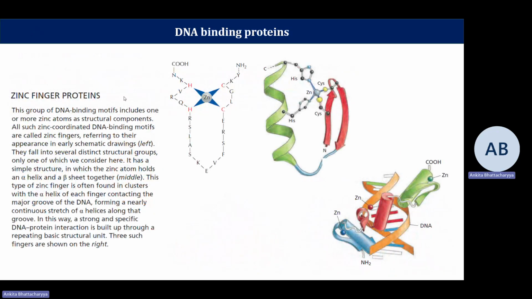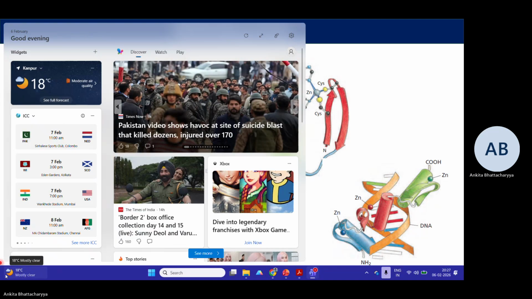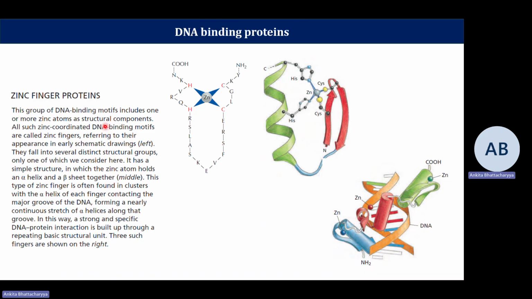We'll come to the next class of DNA binding proteins. The next and last class of DNA binding proteins, broadly speaking, are the ZFNs, which are zinc finger proteins.